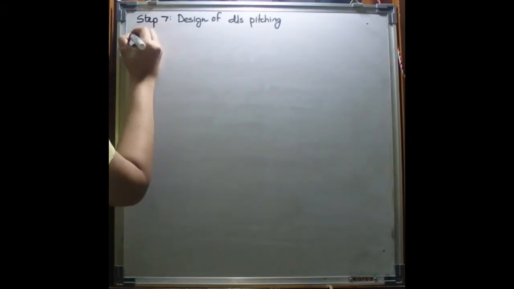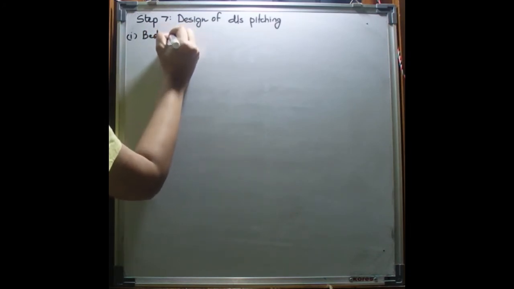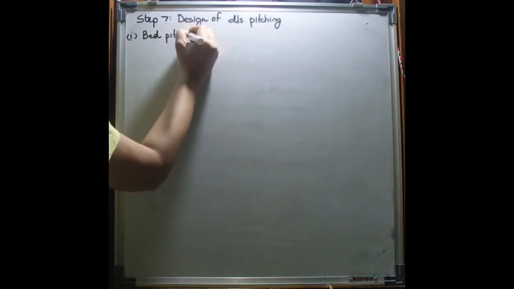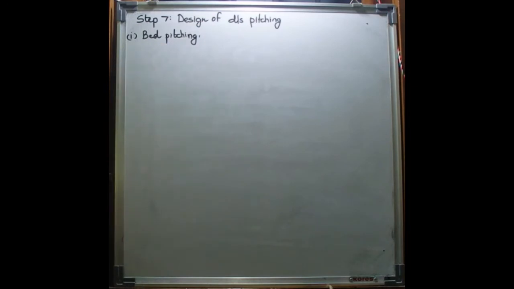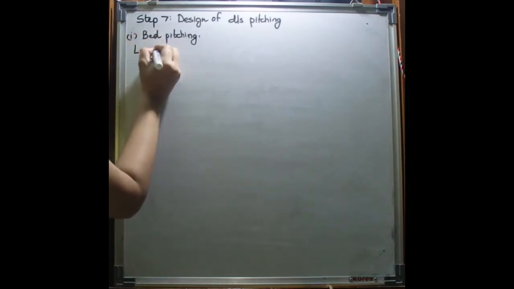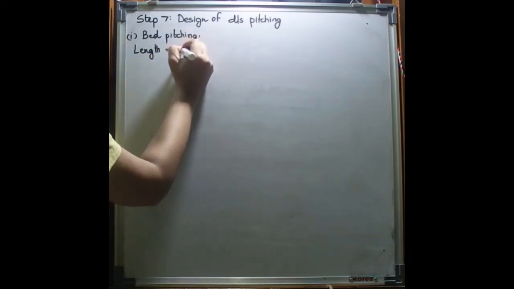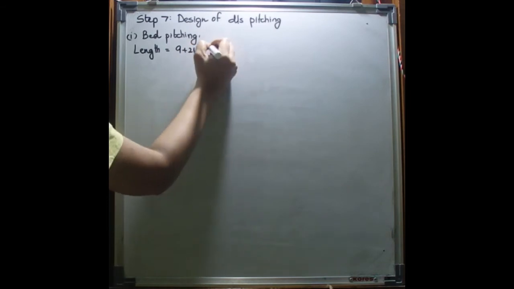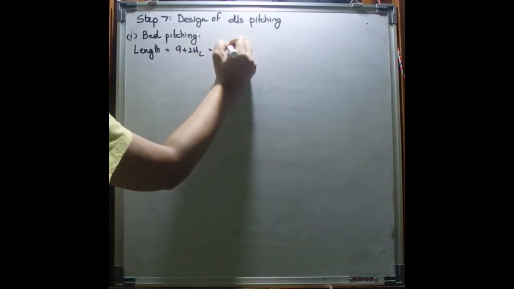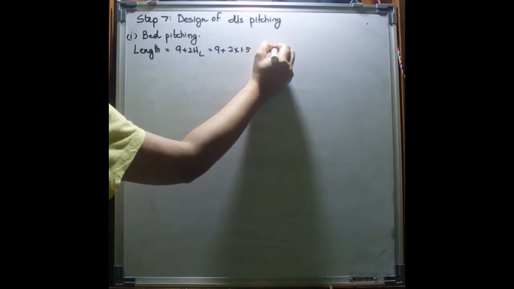So the first one, the first is bed pitching. Length of bed pitching is given by 9 plus 2 HL, which is 9 plus 2 into 1.5, that is 12 meter.